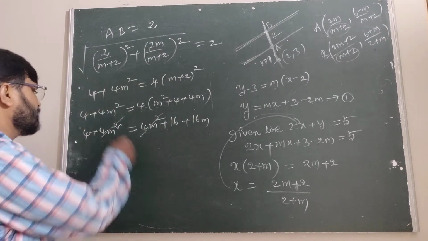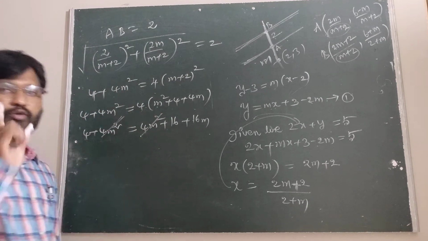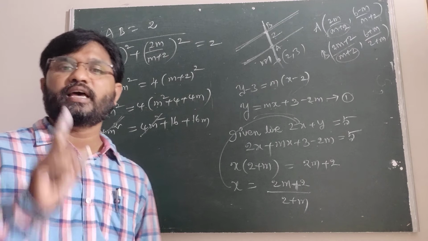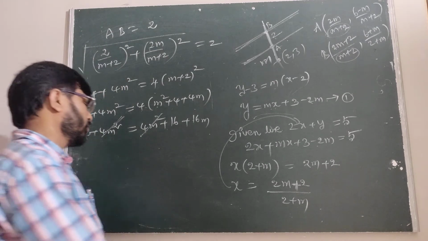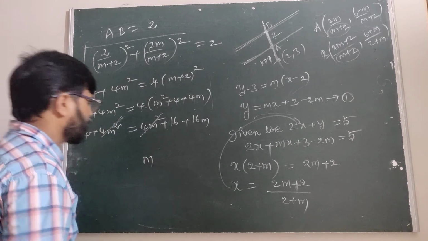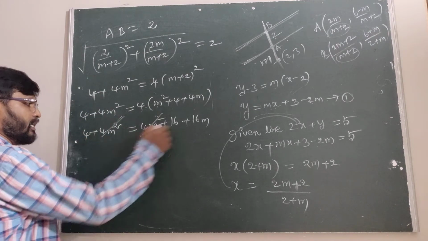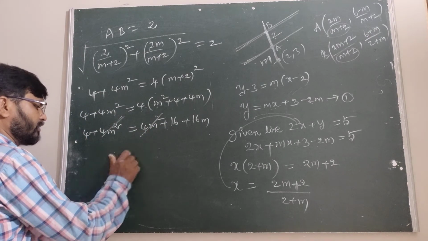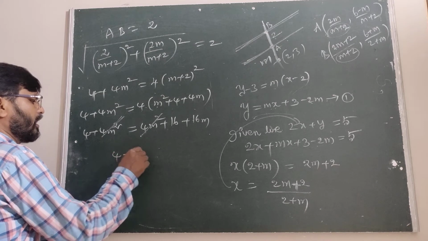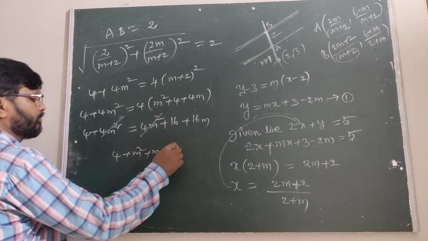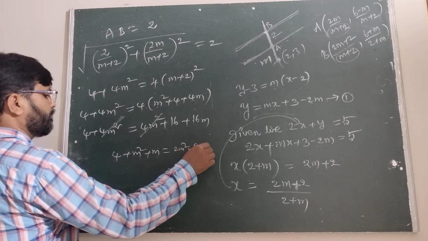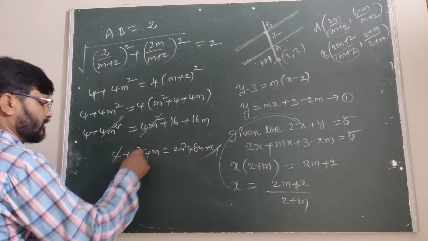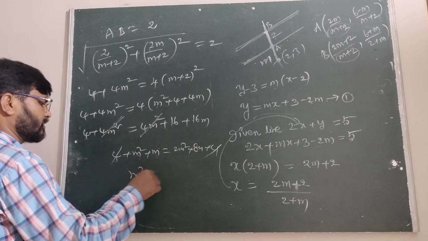When we cancel the m square term, undoubtedly the slope of the other line is infinity. Suppose the constant is cancelled, 16 and 16, for example 4 plus m square plus m, here also 2m square plus 8m plus 4, the 4 cancels, and those are sent to the other side, 7m.